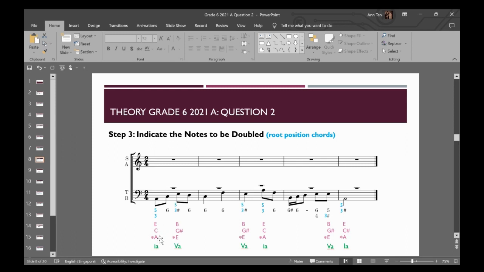So for the first answer over here, A, C, E, chord 1A, we will need to double the root, and the root refers to A. So when we are writing our SATB vertically upwards, later on we'll see that there will be 2 A's, 1 C, and 1 E. And we do that for the rest of the chords, since they are all in root position and they are all primary chords, we double the root.